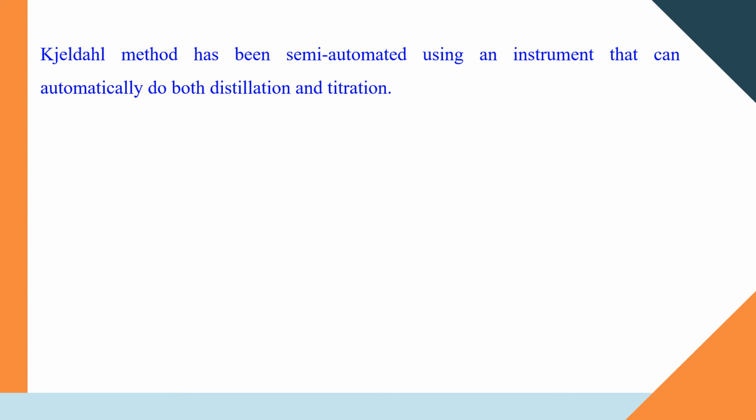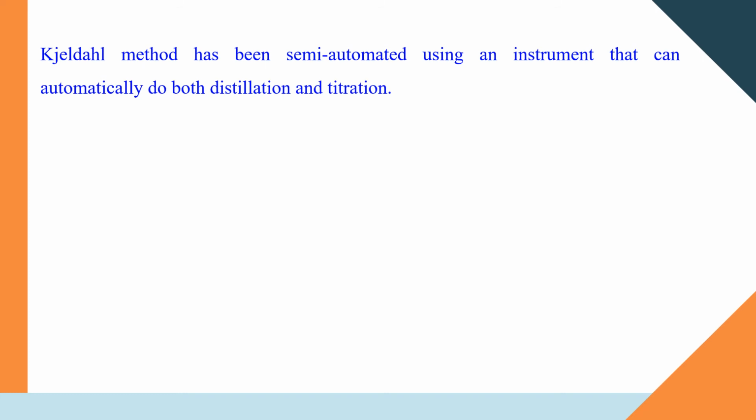You need to set up all the flasks, put the reagents yourself, waiting for the reagents to interact with each other and to get results, etc. So to save time and effort, some commercial companies started to develop instruments that can automate the digestion and the titration process. So all you need to do is just to weigh a milk sample and mix it with sulfuric acid and the catalyst.